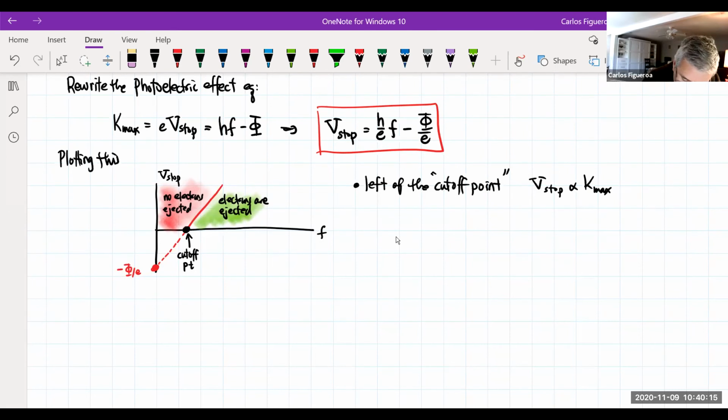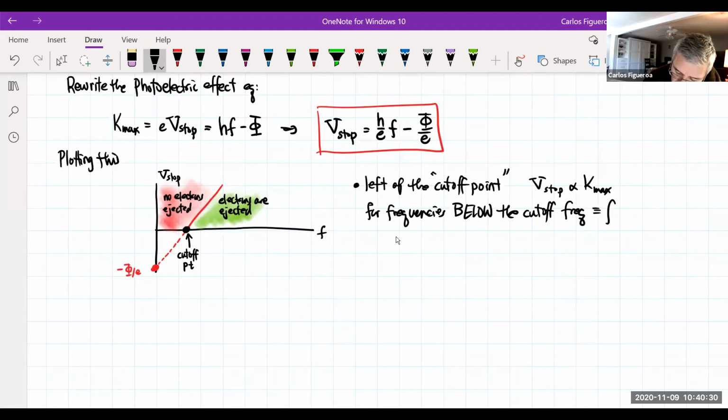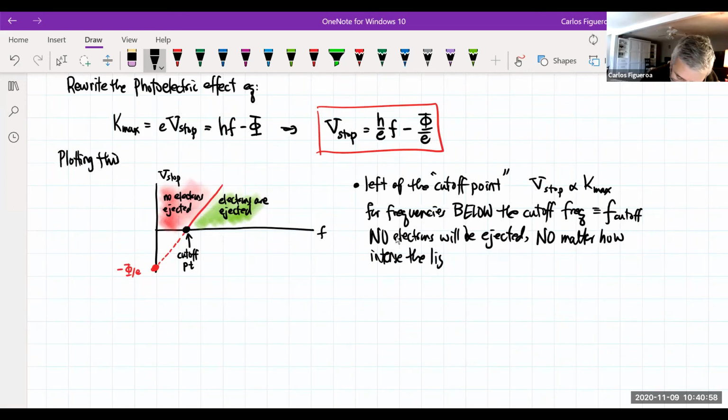For frequencies below the cutoff frequency, which we typically define as frequency cutoff, no electrons will be ejected, no matter how intense the light is.